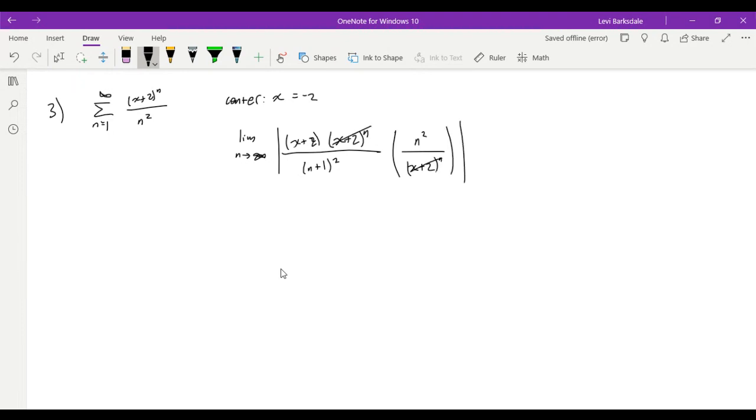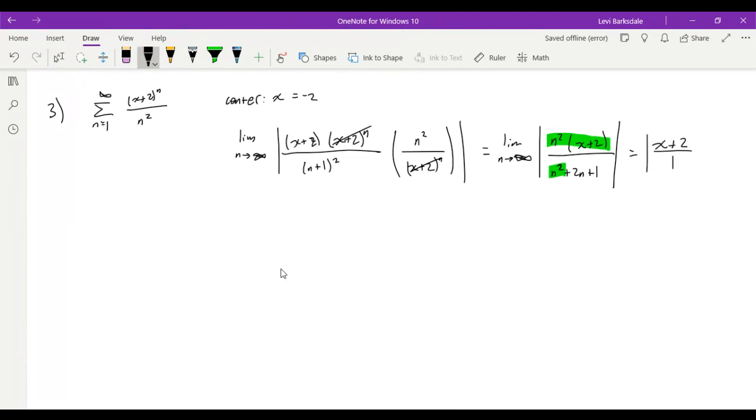Again, cancel what you can, and this gives us the limit as n approaches infinity of the absolute value of n squared times x plus 2 over n squared plus 2n plus 1. Now, in this case, you would take the coefficients of the largest terms because this is balanced, and on top your coefficient is x plus 2.